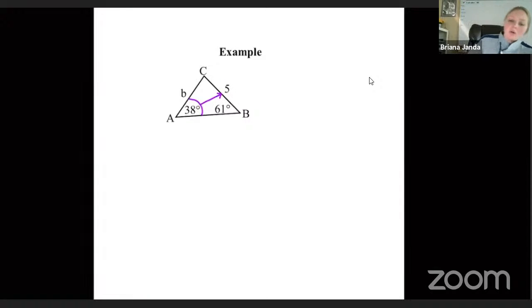So starting here, we know this ratio to be true, 5 over the sine of 38, where we have both an angle and the side across from it that we know. And we can use that to help us find something that is unknown, which in this case would be this 61-degree angle across from this side b. So we can set up the other ratio as our unknown side b over the sine of the angle across from it, 61 degrees.